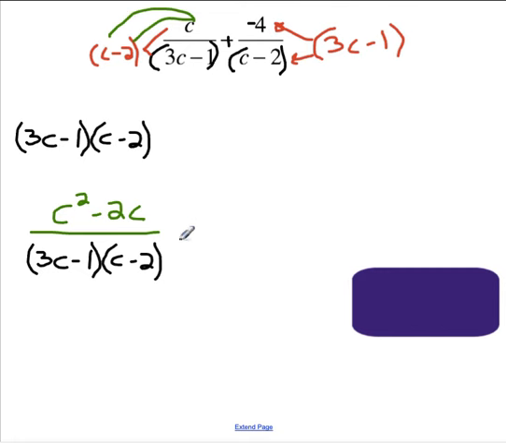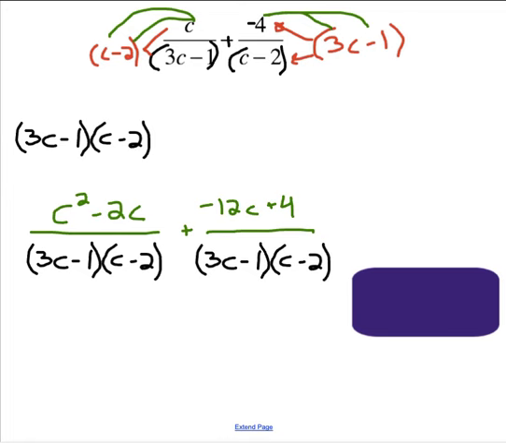On the other side, the other fraction, I take negative 4 times 3c, and I get negative 12c. And negative 4 times negative 1, I get positive 4. And my common denominator is the denominator.